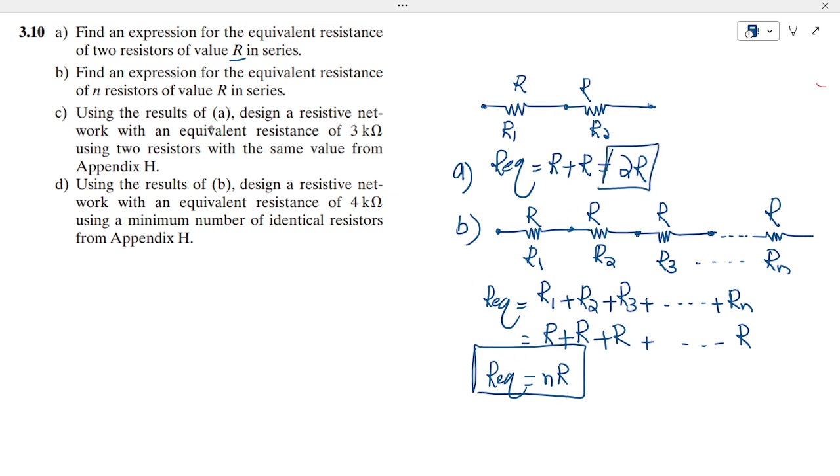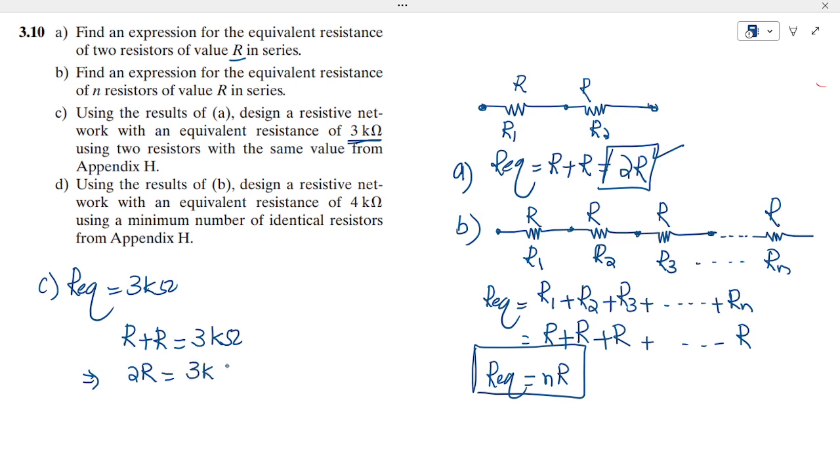In part C, using the results of A, design a resistive network with an equivalent resistance of 3 kilo ohm using two resistors with the same value from Appendix H. Okay, so if the equivalent resistance here is 3 kilo ohm, it means R plus R is 3 kilo ohm, means 2R is 3 kilo ohm.